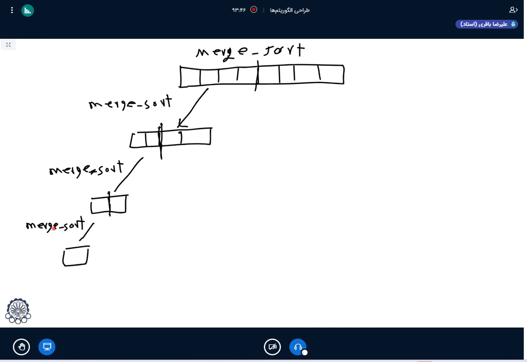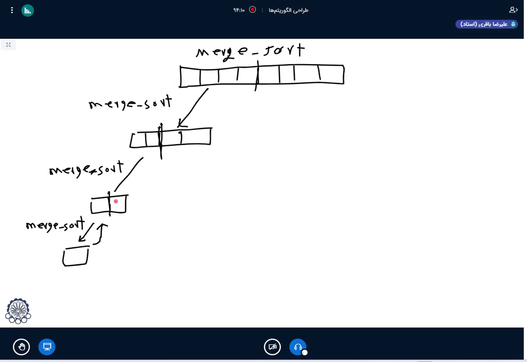So we do not have further function calls and the stop condition is satisfied. So we return back to the parent, to the function that called this function.